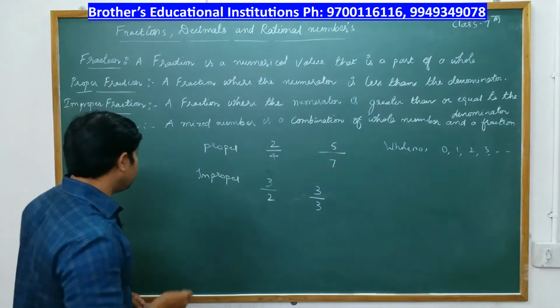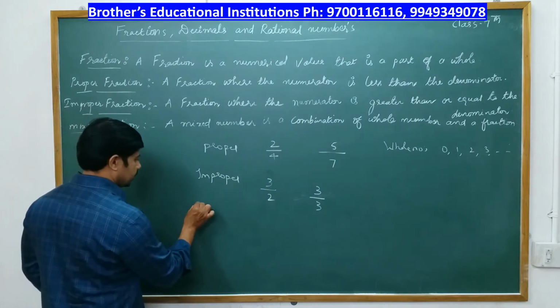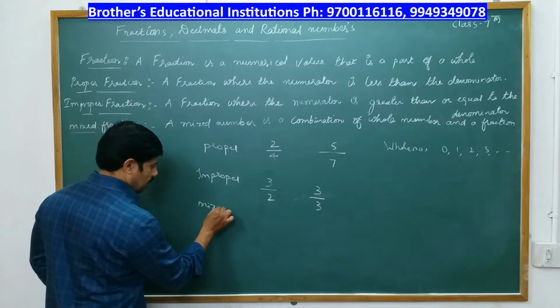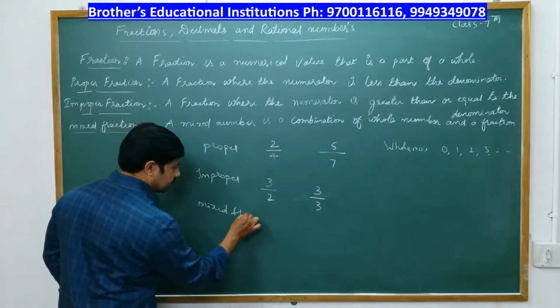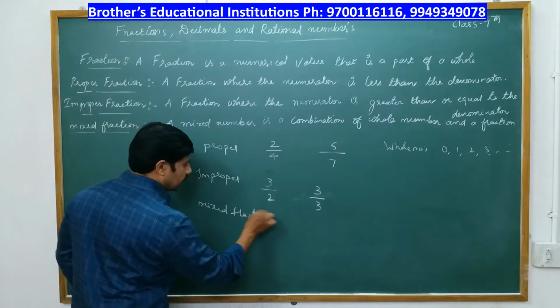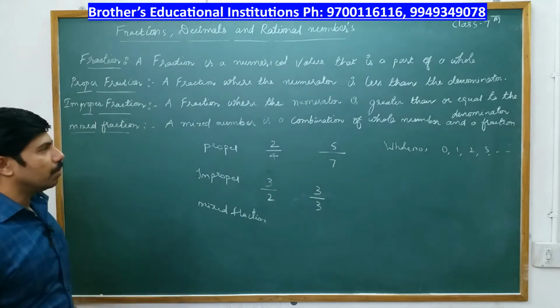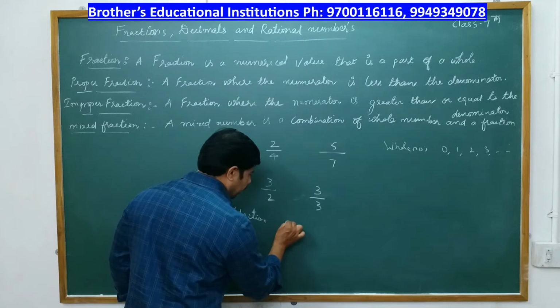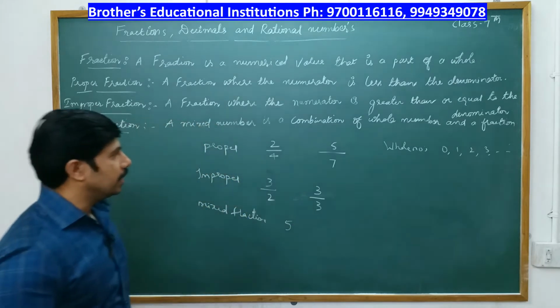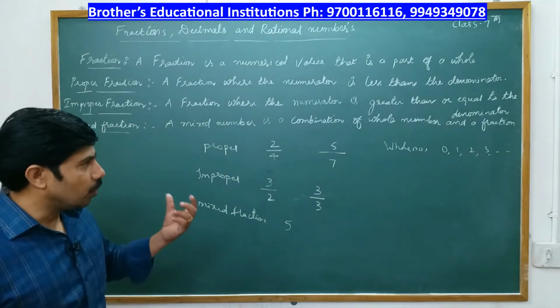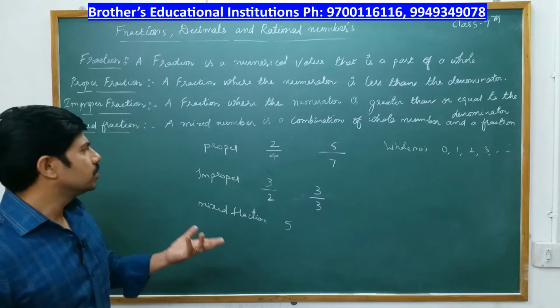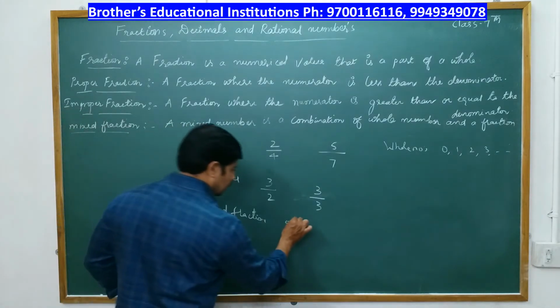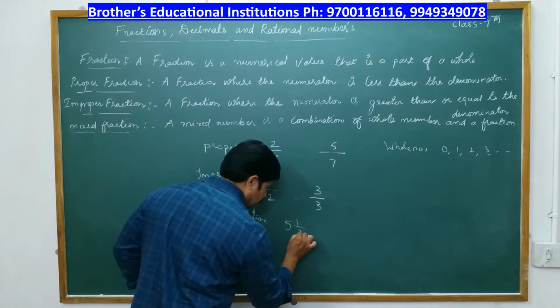Now when we say mixed fraction, the example will be a combination of a whole number and a fraction. I am taking 5 as a whole number, and then take any fraction, 1 by 2.